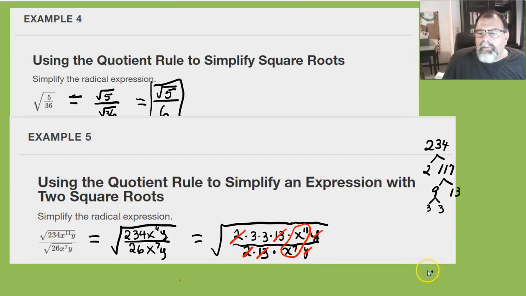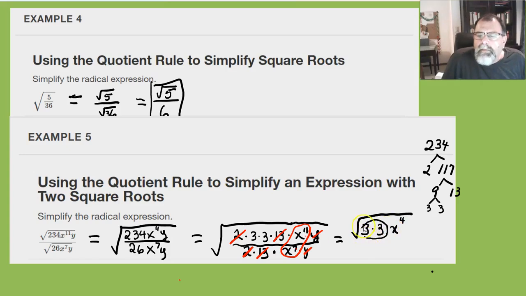Okay, so that simplifies to, let's see, I have 3 times 3, x to the 11 minus 7 is 4, and then there's nothing left on the bottom. Over 1, so I'm going to leave that alone. See, everything canceled on the bottom because we canceled the 7 x's with 7 of them on top, and we're left with 4 on top.